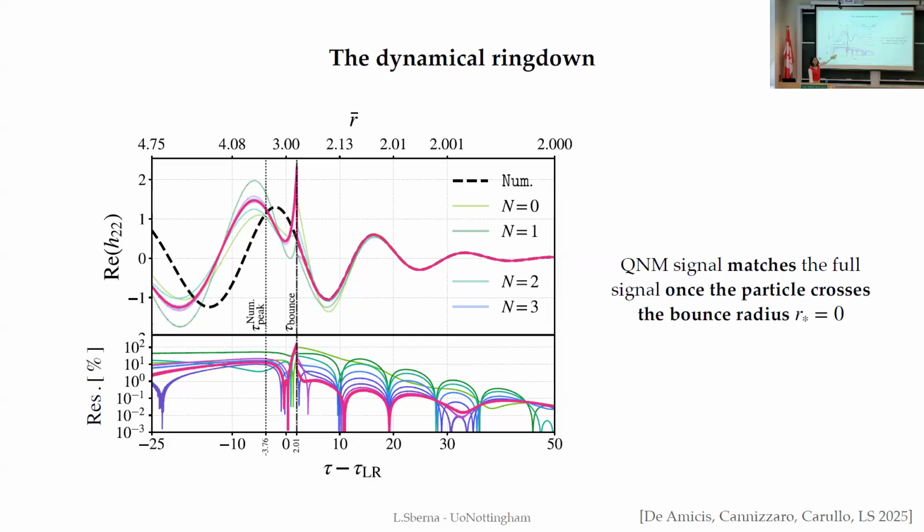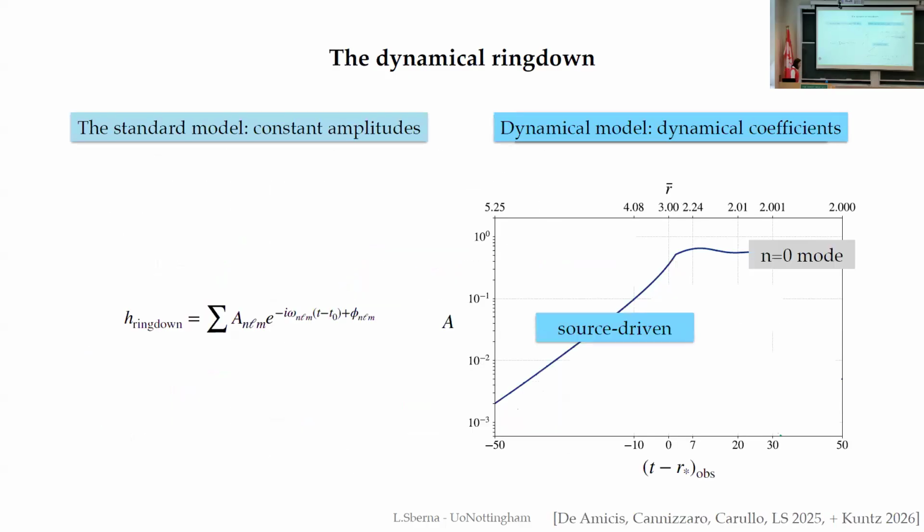And therefore, the quasi-normal mode signal doesn't match at all. So to unpack this quasi-normal mode signal and actually answer the original question of this talk, we can also look at these excitation coefficients as a function of time. So in the standard picture, we would have said that the amplitudes of the quasi-normal modes are constants.